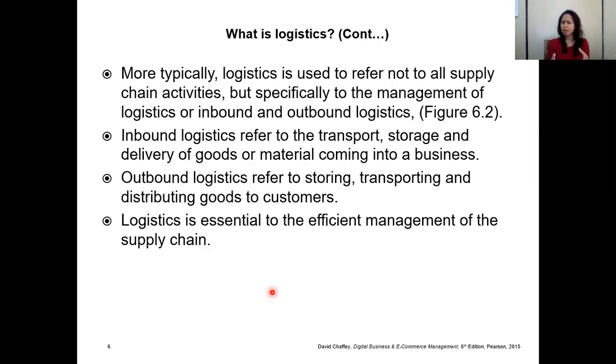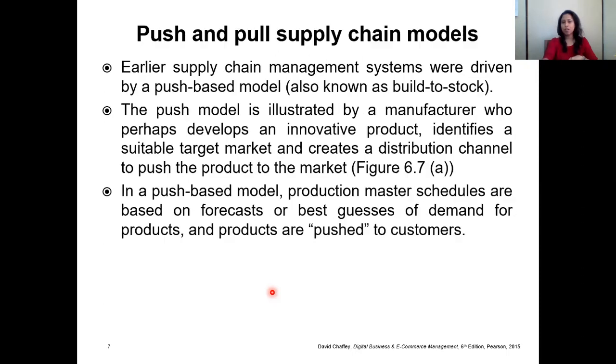And what does that mean? It means storing, transporting, and distributing goods to customers. That means here we focus on finished goods, storing and distributing of finished goods, right? So warehousing, which is related to finished goods, is what we focus on when it comes to outbound logistics, right? So the difference between those two we have explained to you.